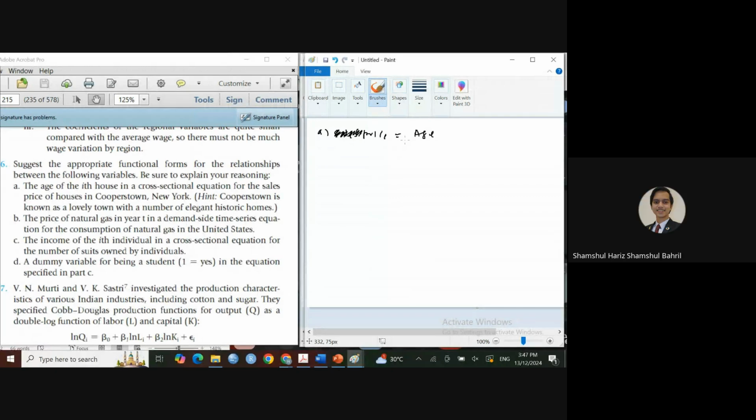Positive. Positive? Is it positive? Only positive? We did mention age before, right? Can you explain what you mean by positive? Increasing the age of the house means that the price will be higher, because the more historic the building is, the more value it will have.